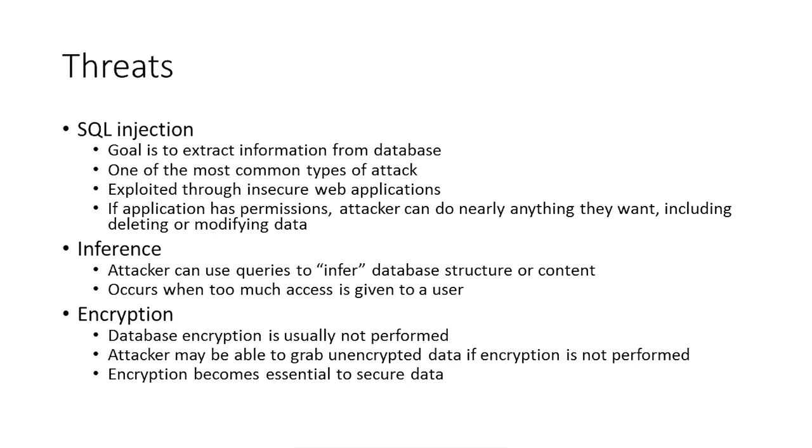Another type of threat is inference. Inference is really explained as an attacker can use one or more queries to infer the database structure or the content. So if I'm pulling information from one database and looking at another database, I can infer maybe that two things exist.